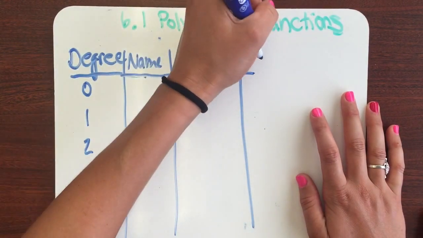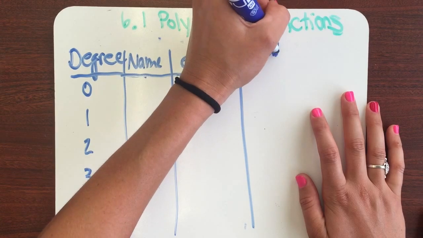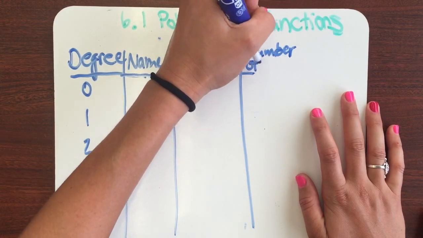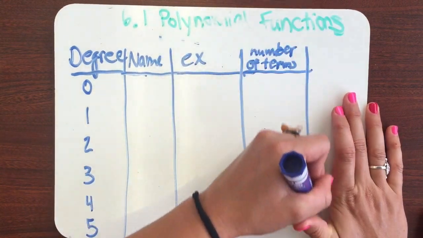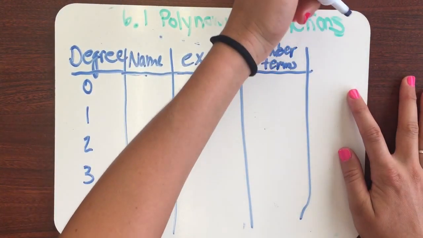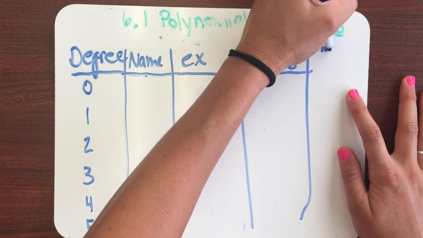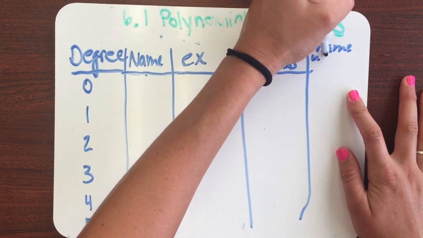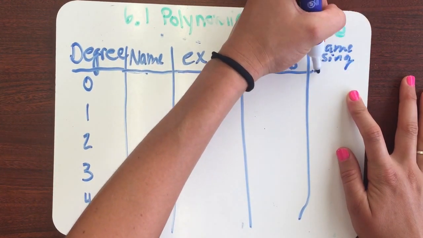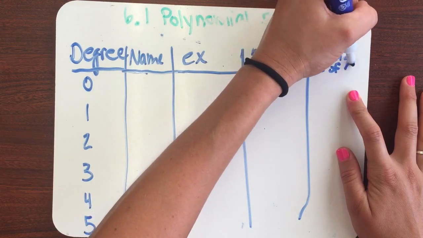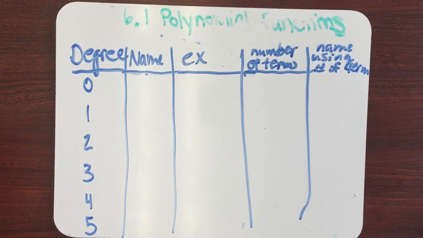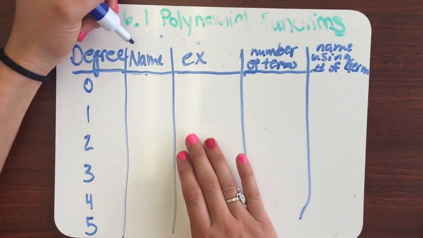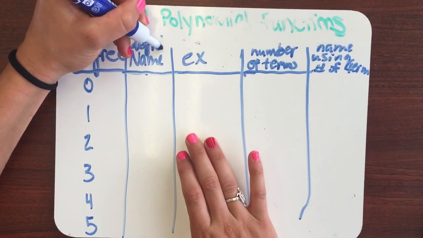We'll say the number of terms, and the name using the number of terms. Okay. This is the degree name.